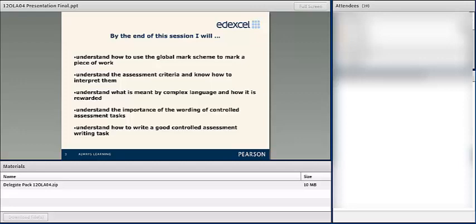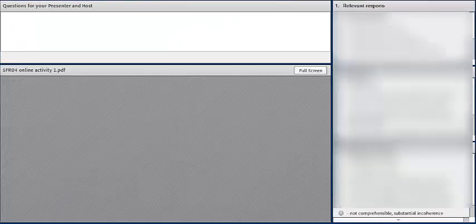Okay, we've got a number of activities for you to do, and if I could ask for the first activity, 1A, to come up, that would be good.